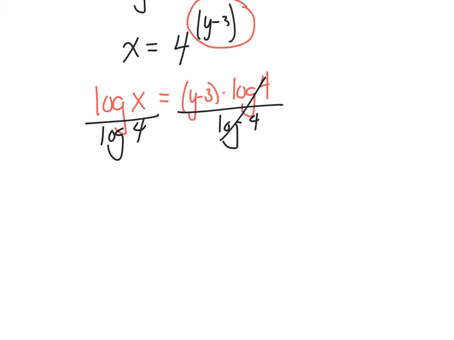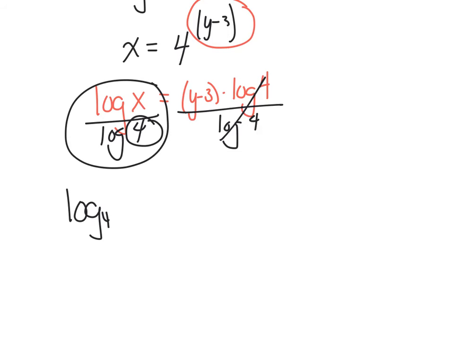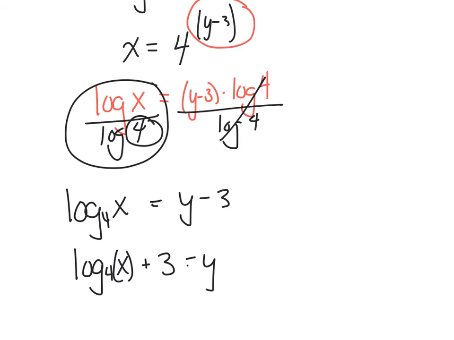Right now I have log of x over log of 4, so I'm going to go backwards in my change of base and say that's really log base 4 of x, since the base was on the bottom, equals y minus 3. And then I'll solve for y, so I get log base 4 of x, put the "of" around it, and I'm going to add 3 equals y.